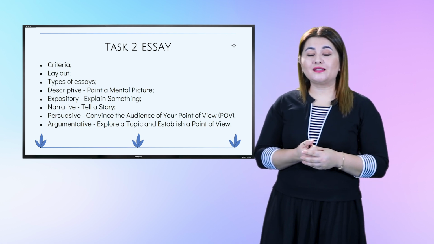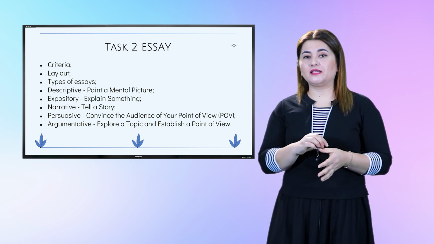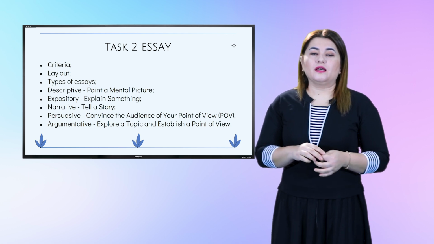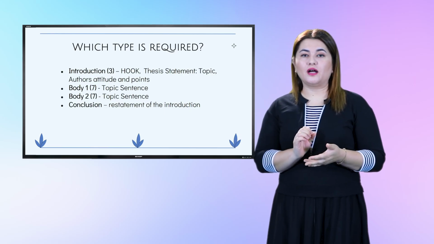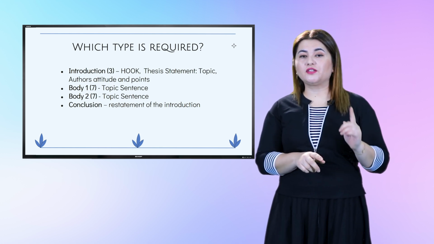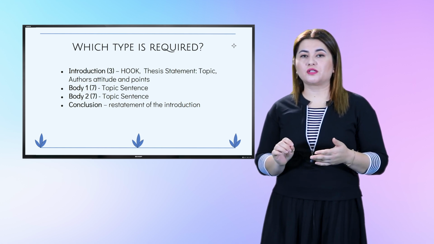An essay should also consist of 3 parts mainly: introduction, body, and conclusion. There is one tendency. In task 2 of writing an essay, you are asked to write 250 words. In task 1 it was 150, but in task 2 it is 250 words.